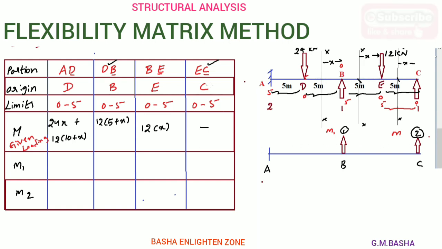Similarly, while talking about the BE position, consider a section XX at a distance of x from the origin point, which is E here, and again resolve the forces coming from the right side up to that section. So all these values will be this one, and I am going to the next point, that is the loading conditions M1 and M2.